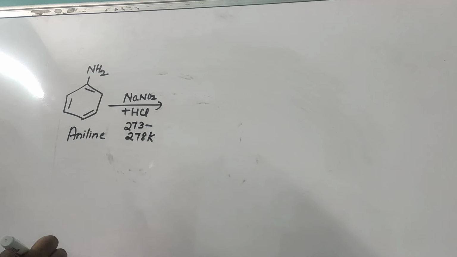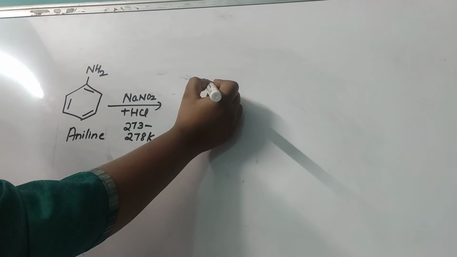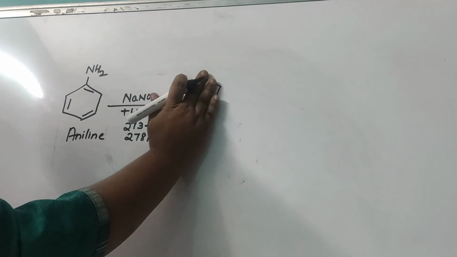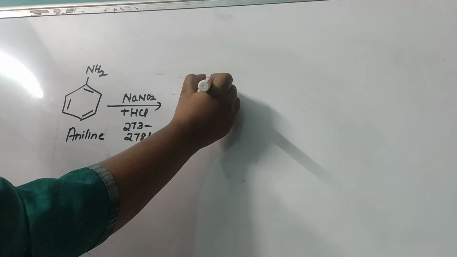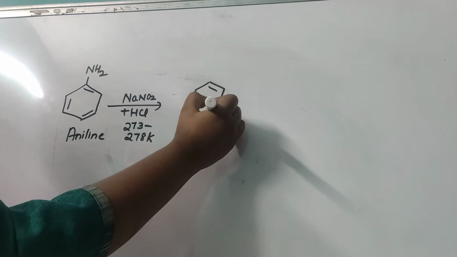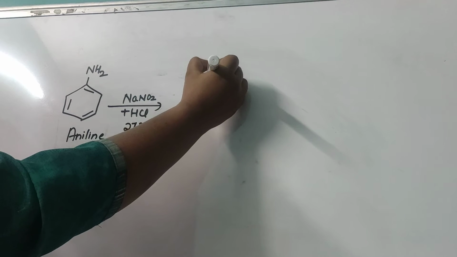You see the first statement, a diazonium salt. I'll just write the diazonium salt. This is N2Cl.